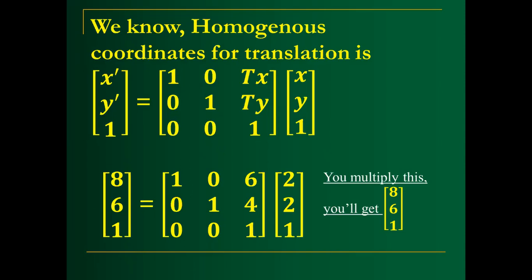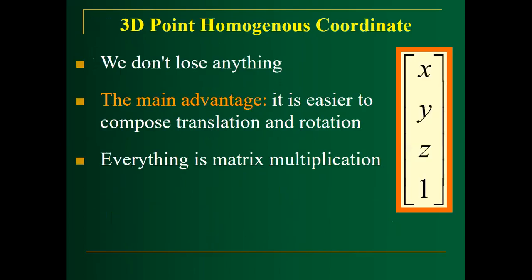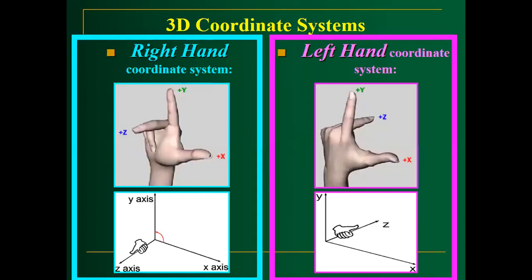For example, the point goes to some other location, that is translation, and then if you want to rotate, then scale it, then again inverse translation, inverse rotation, all these combined transformations you can do with the help of homogeneous coordinates. So all these we have seen, I'm just recapping a bit. As I said, we don't lose anything. It is easier to compose, and everything is just matrix multiplication.